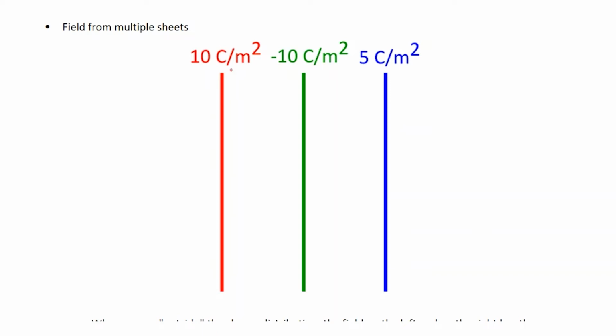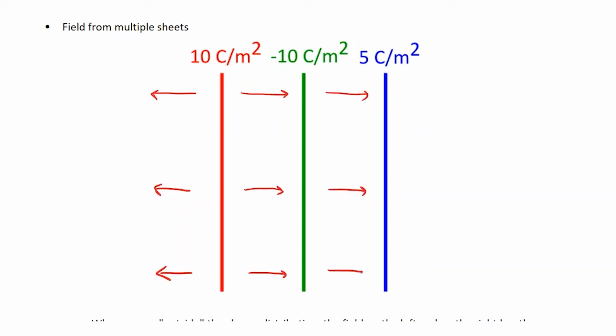Okay, so this sheet produces some field that is diverging from it, and it's symmetric like this. It goes like this, and then on the right hand side, it goes like this. And then here it also goes like this, the same way.